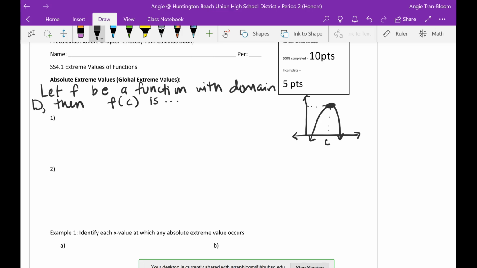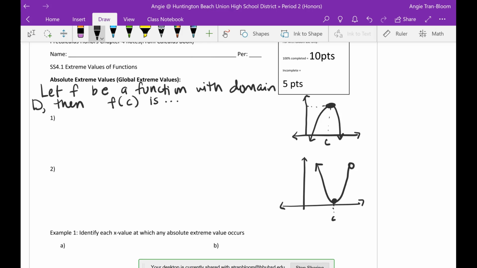Do you guys remember that was called absolute maximum? So that's definitely an absolute maximum. What if I draw it upside down? So what's this guy in the bottom? Absolute minimum, right? Like I said, this is going to be a bit of review.